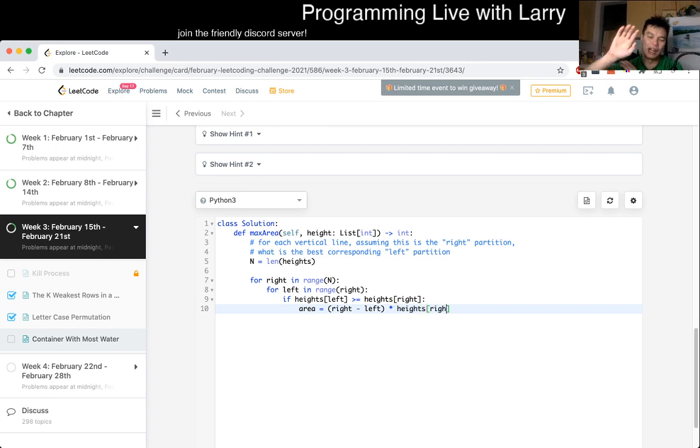So something like that is the area. This is clearly going to be n squared because we have two loops over n. So how do we optimize this?